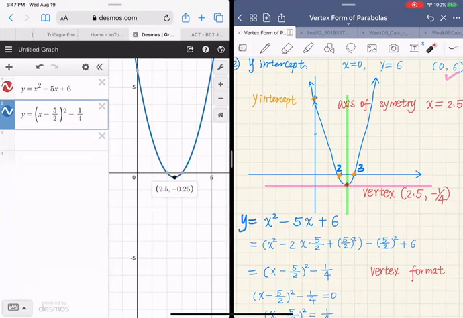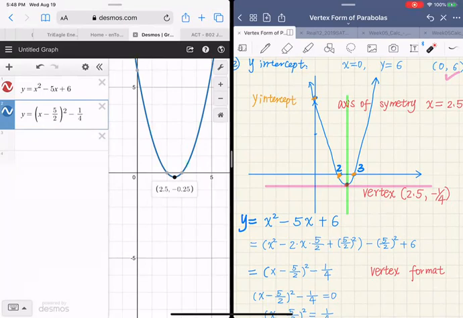If you finish drawing and marking this point and writing down vertex, tell me. I'm finished.